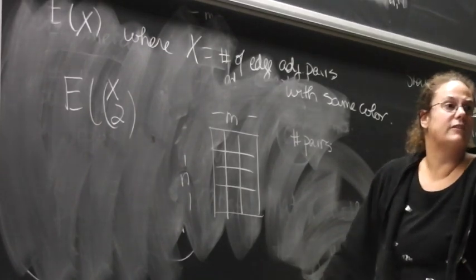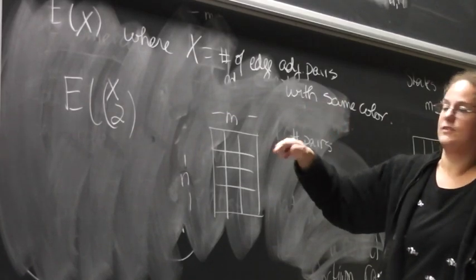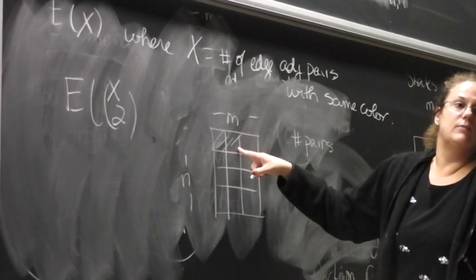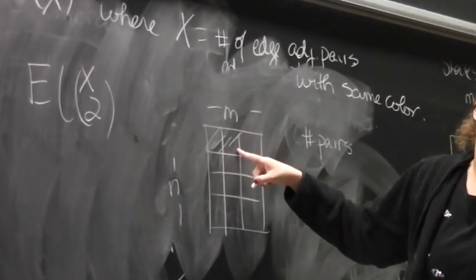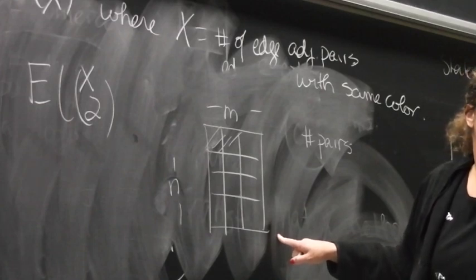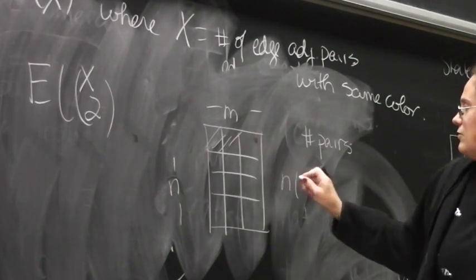What types of pairs are there? There are pairs that go horizontally, or pairs that go vertically. How many ways can you place a pair that goes horizontally in this grid? Well, you have N, and you lose the last row.